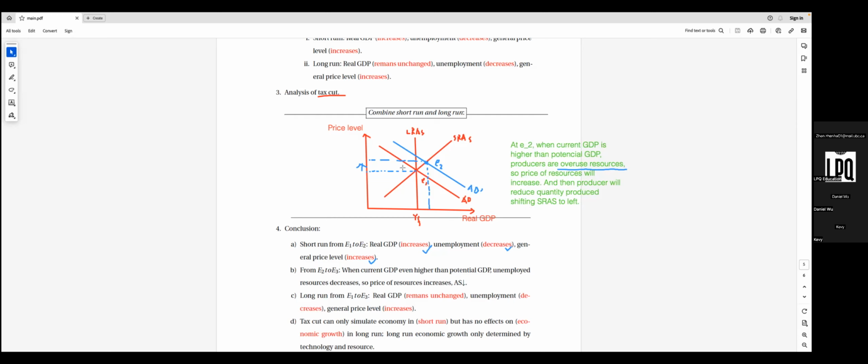So we shift short-run AS to the left. This is our final step, shifting short-run AS to the left.